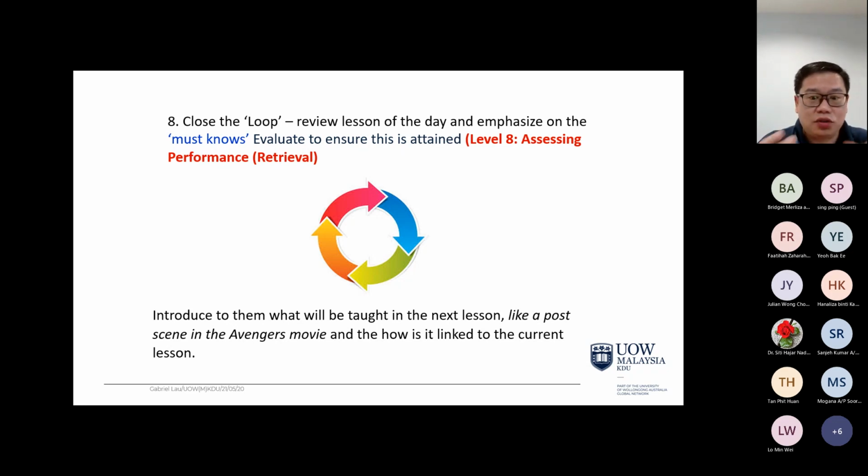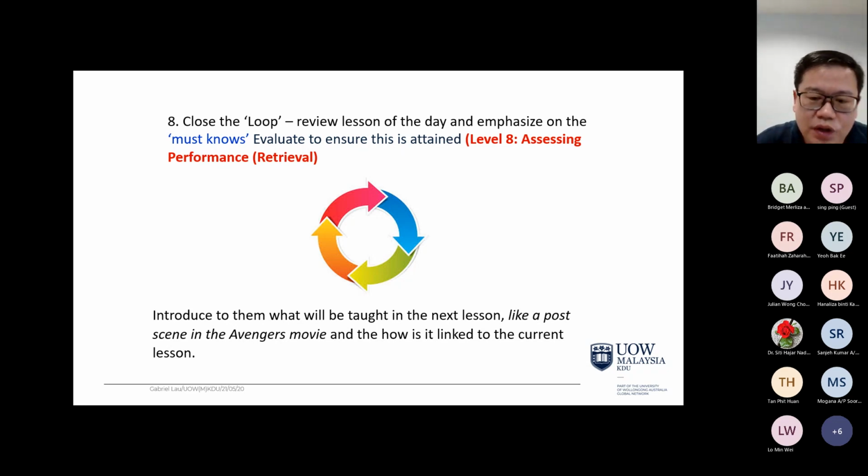So it's also important for you to introduce to them what will be taught in the next lesson. This is like a post scene in an Avengers movie. Sometimes you have trailers and a post scene. The reason is that it creates anticipation. A movie trailer is only 1 and a half or 2 minutes, but it tells you the gist of the important parts of the full 2 to 3 hour movie.